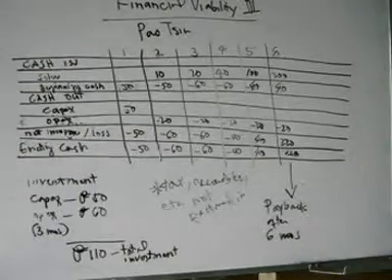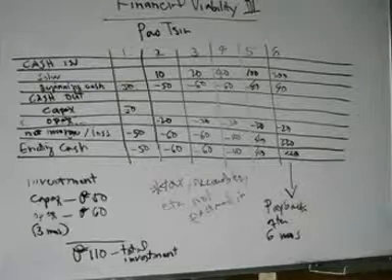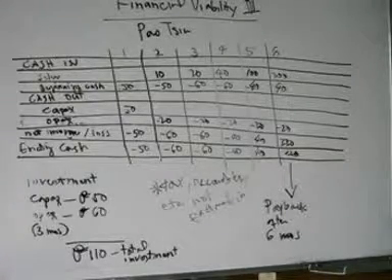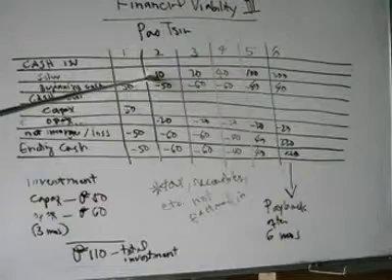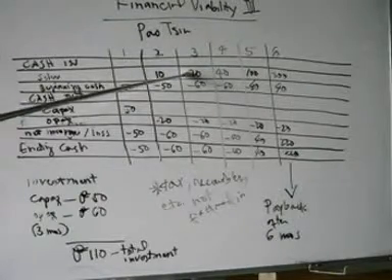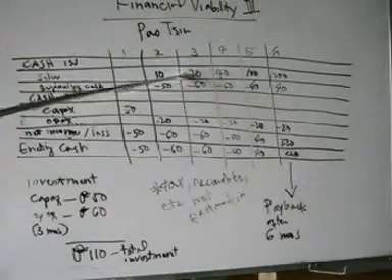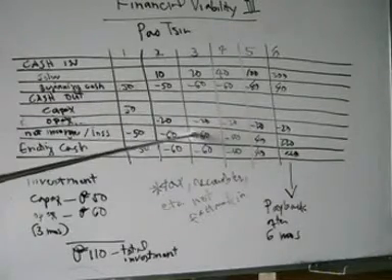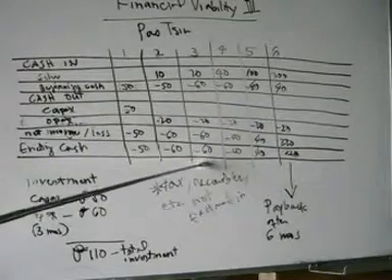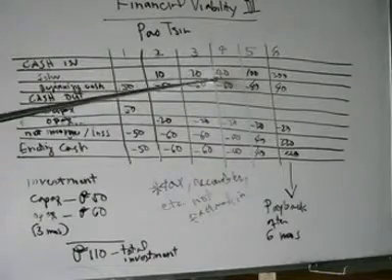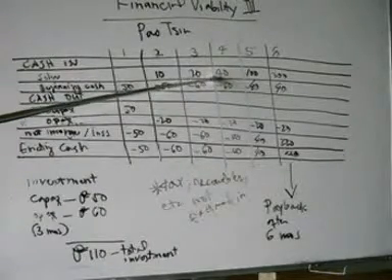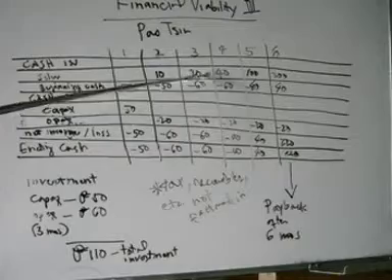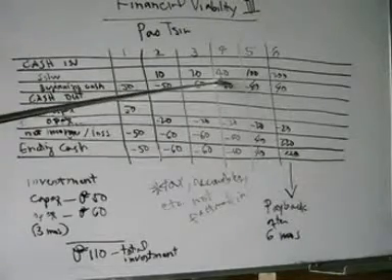Let us say that during the second month of operation, sales jumps from 10 to 20,000. Is this enough? Apparently not, because with the beginning cash here, which is still negative, you still have an ending cash of negative 60. During the third month of operation, sales moves to 40, so it's doubled, from 20 to 40.